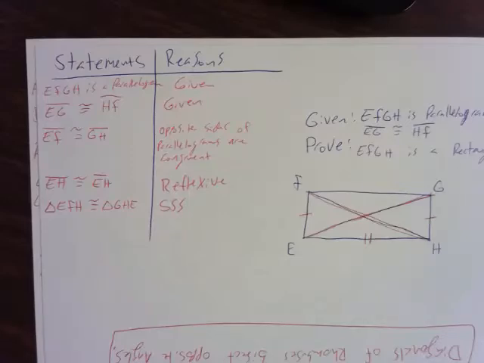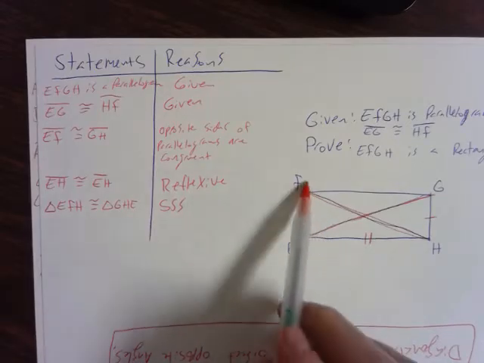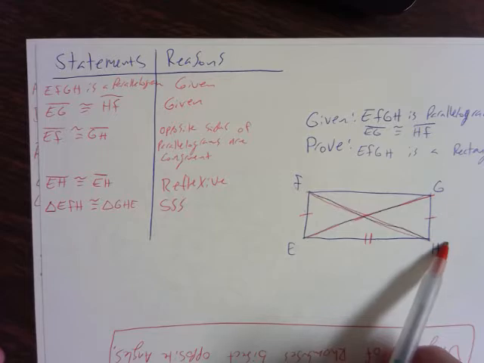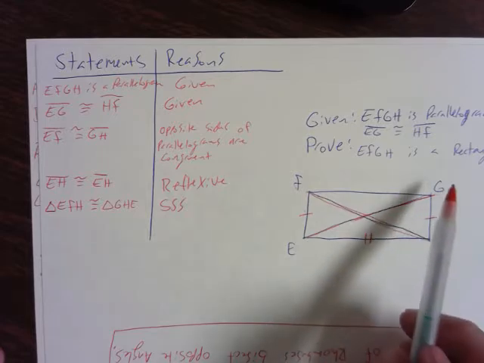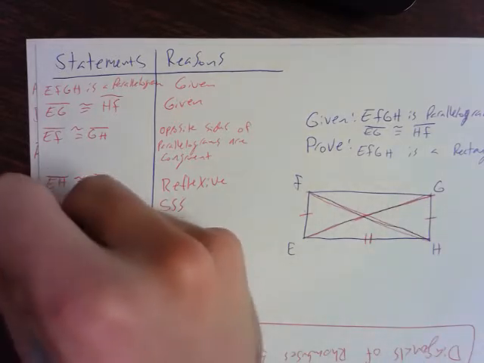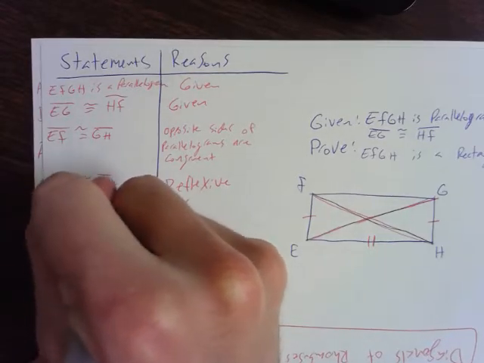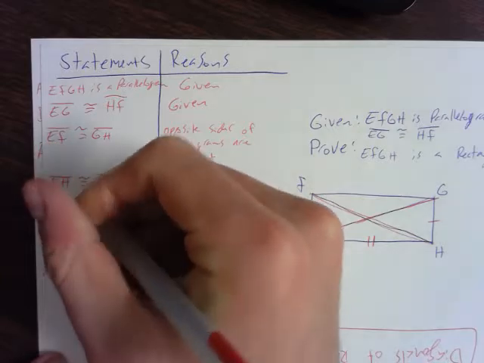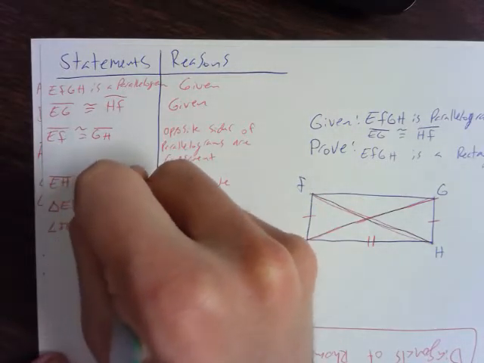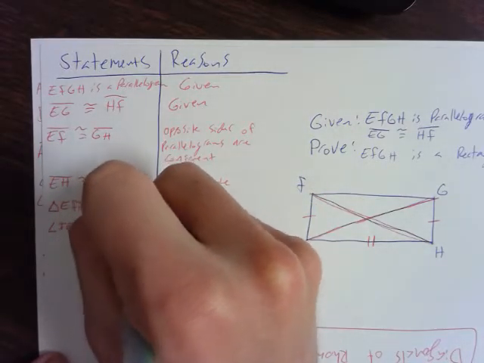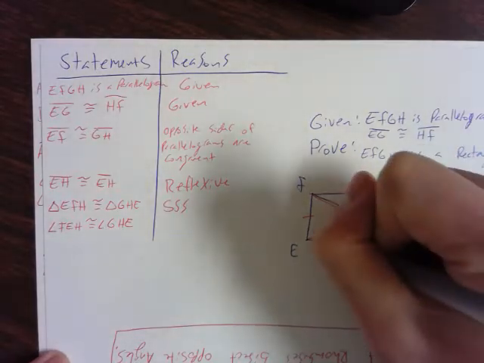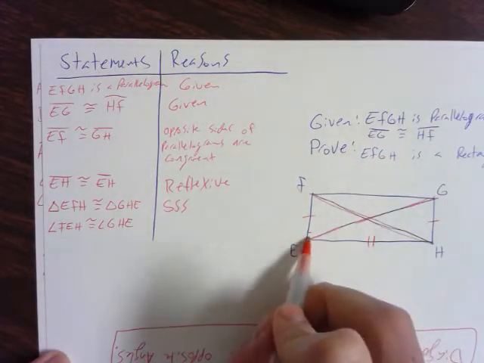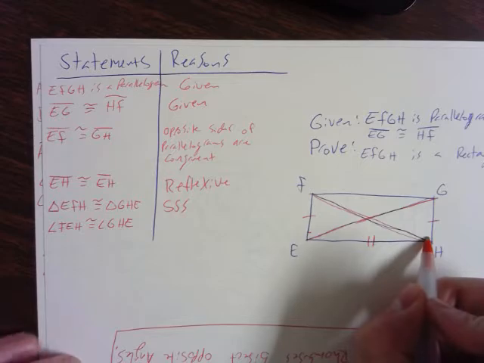Okay, so now I can say that angle FEH is congruent to angle GHE. So I have this angle right there is going to be congruent to this angle.